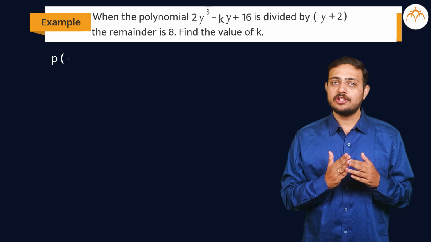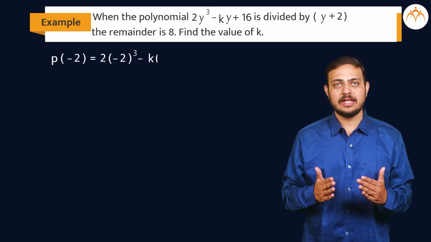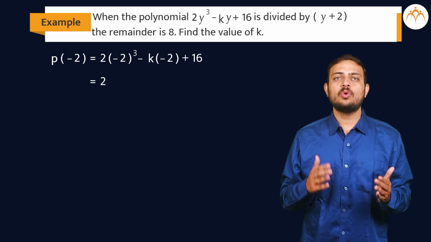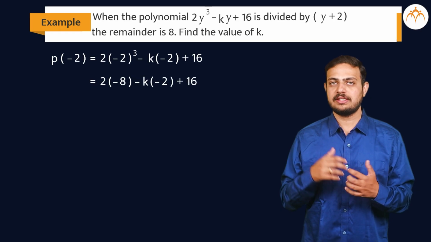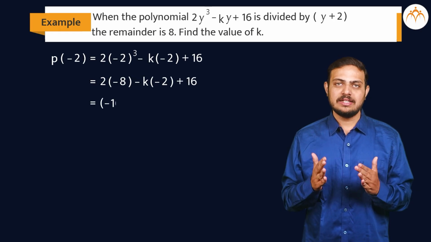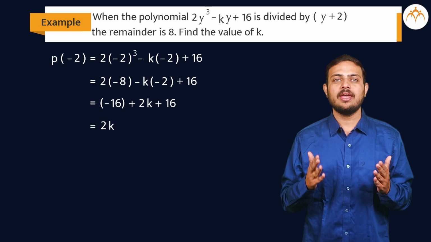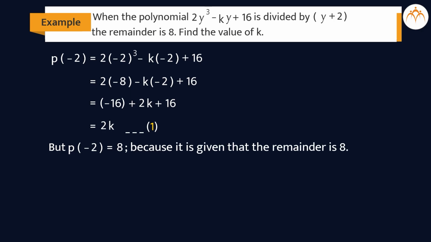Therefore, p of minus 2 is equal to 2 into minus 2 cube minus k into minus 2 plus 16 equal to 2 into minus 8 minus k into minus 2 plus 16 equal to minus 16 plus 2k plus 16 equal to 2k, equation 1. But p of minus 2 is equal to 8 because it is given that the remainder is 8.